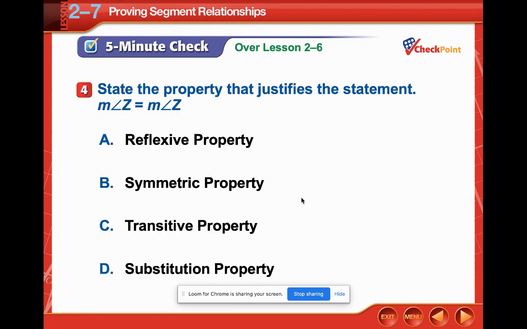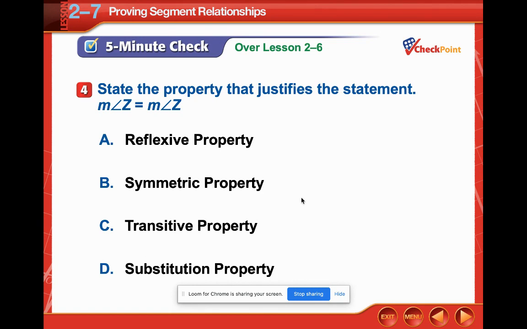Take a quick second, see if you can solve this one on your own. All right. State the property that justifies the statement.